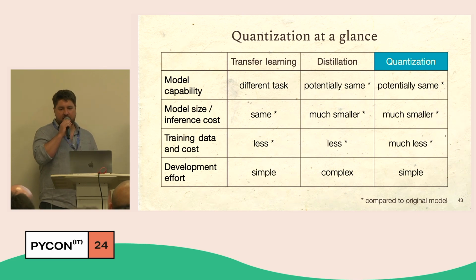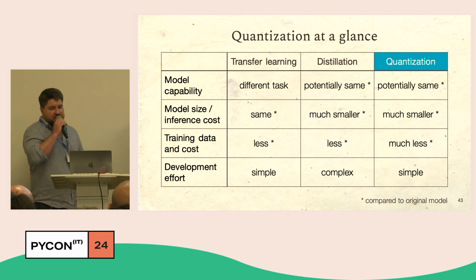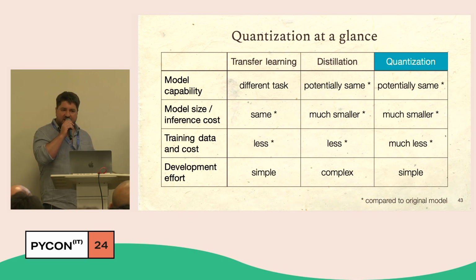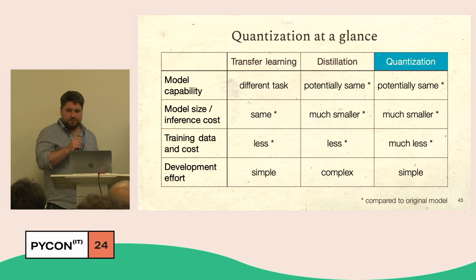So at a glance, we are getting a model from quantization that's potentially as capable as the original, depending on how much we quantize. We can make it much smaller while sacrificing very little of the capability. So we also speed up the inference.